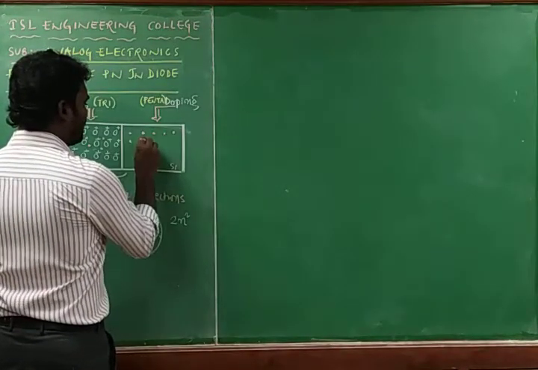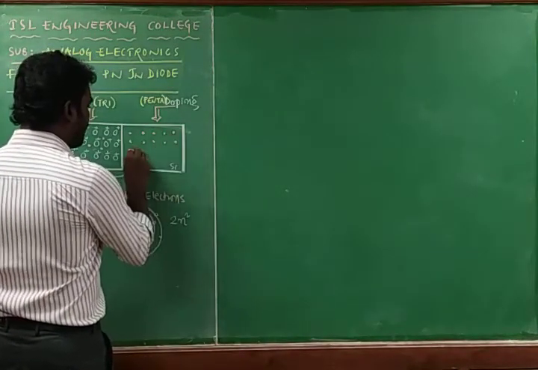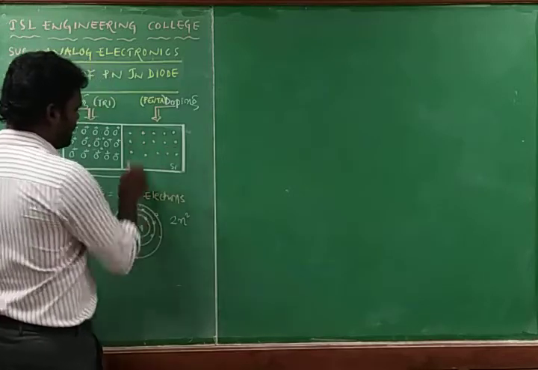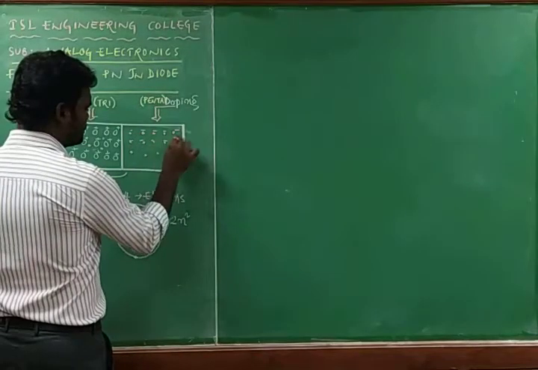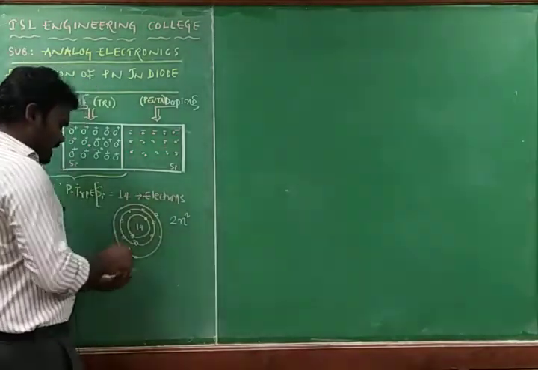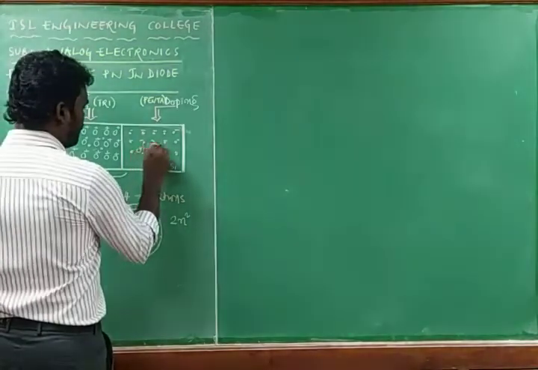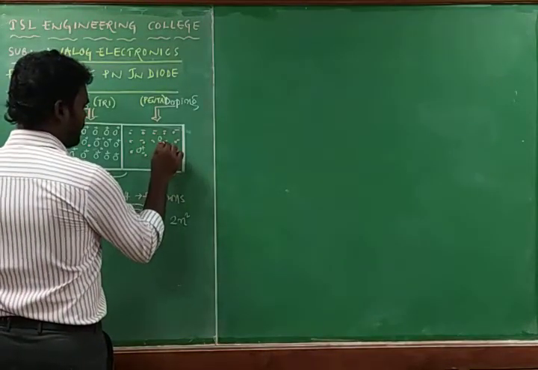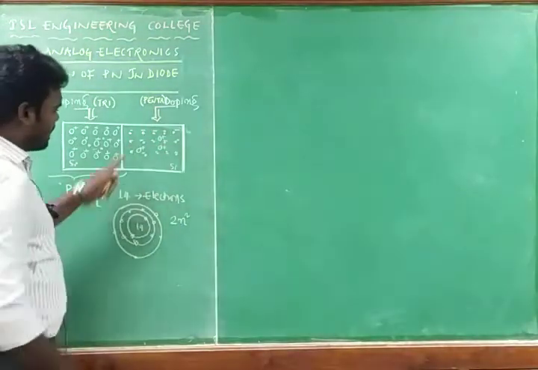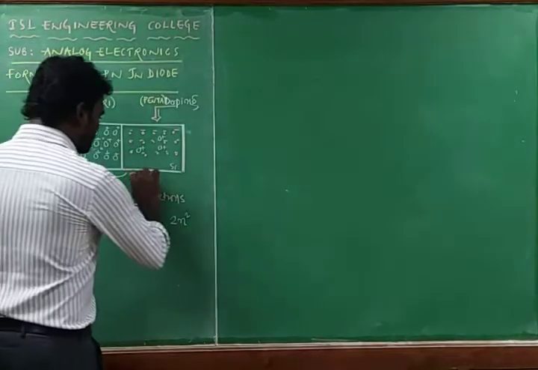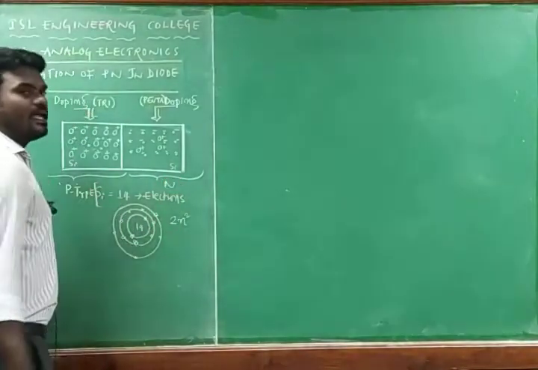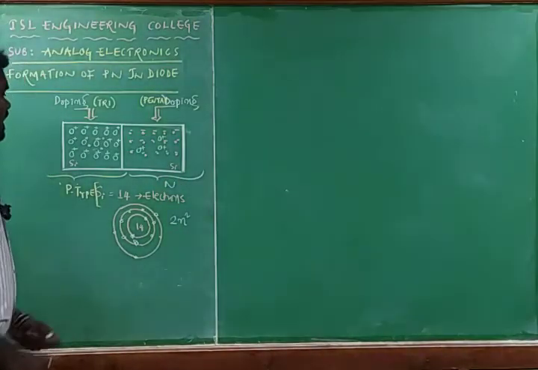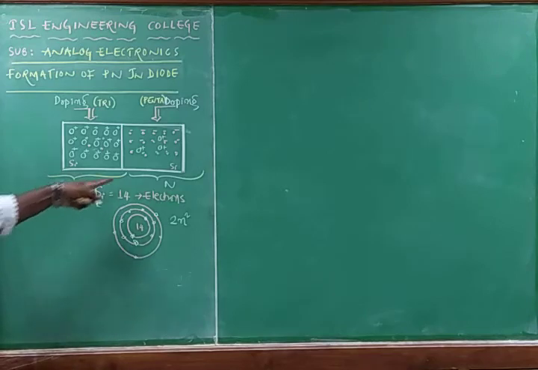This material will have more negative charge than positive, since the charge of the electron is negative, so it has more negative charge than holes. This type of material is named an N-type semiconductor. This is the P-type semiconductor, and this one is the N-type semiconductor.